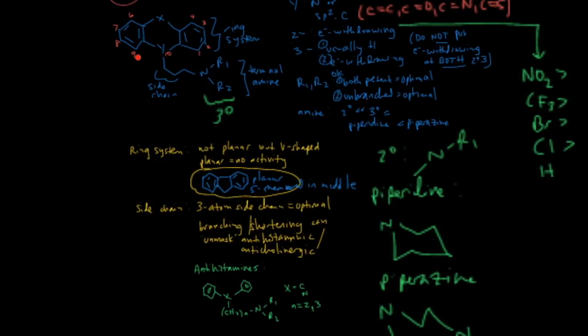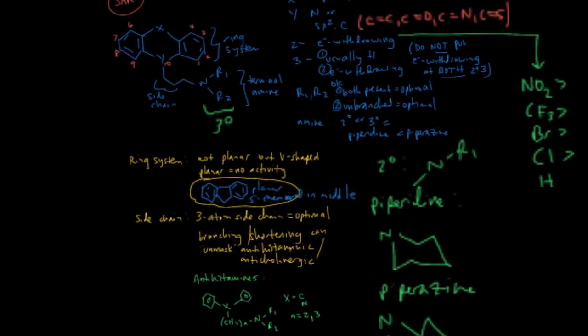You have a phenyl group, X over here, which can be carbon or nitrogen, Y over here, which has to be nitrogen to be optimal, and then you have a CH2, and then your tertiary amine. Antipsychotics, especially phenothiazines, can produce antihistaminic effects if you shorten the chain.